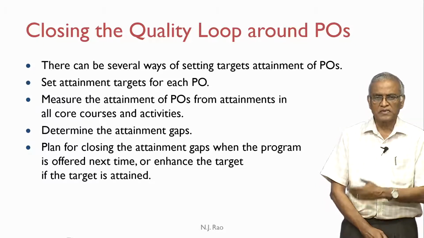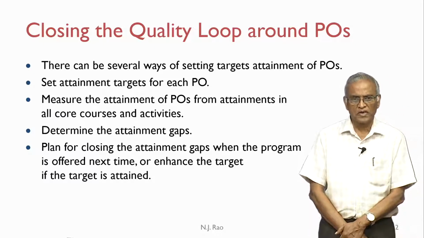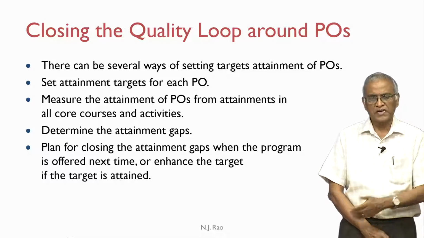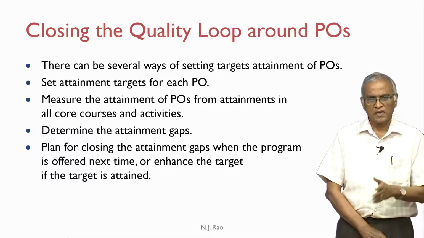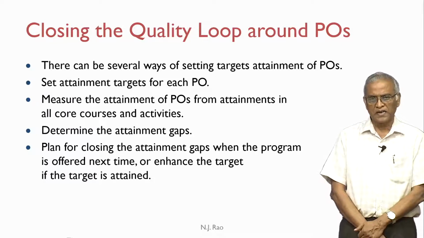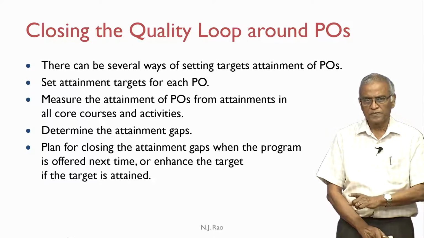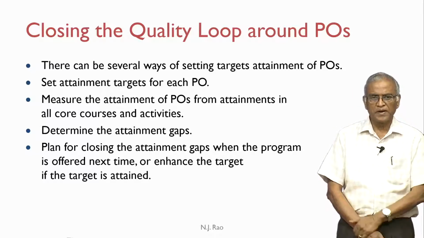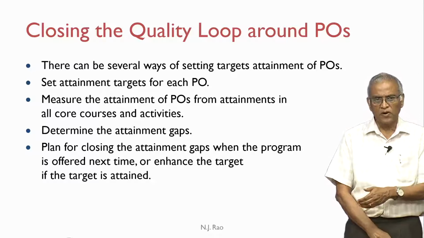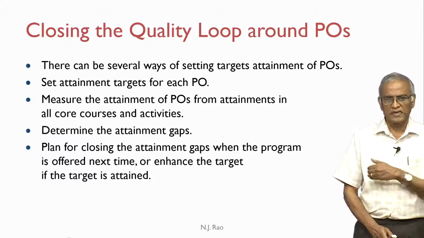Now, a similar exercise you do around POs as well. Once again, even at PO level, there are several ways of setting targets for attainment of POs, and then set attainment target for each PO, and measure the attainment of POs from attainments of all core courses and activities.